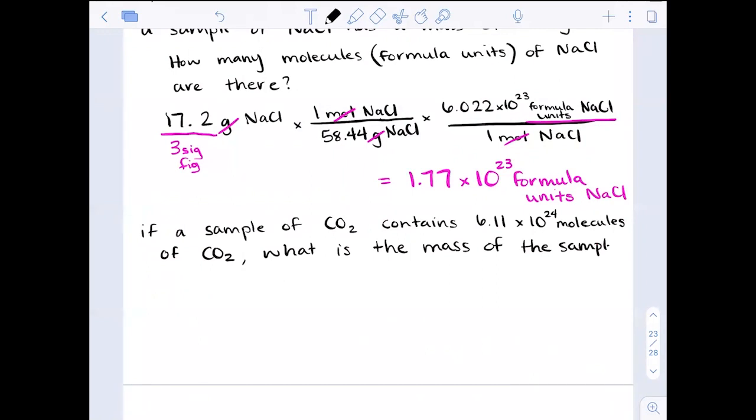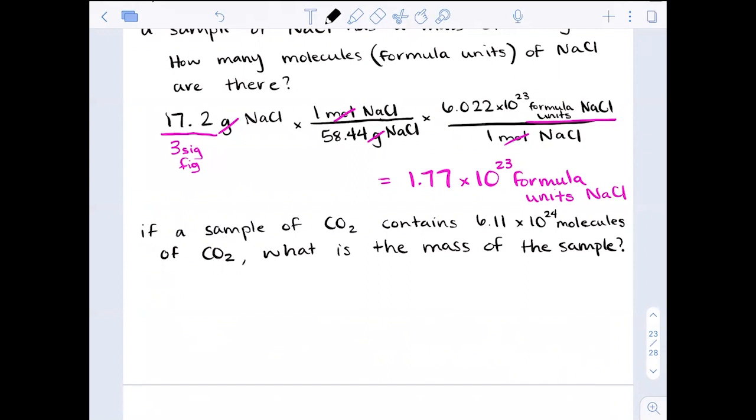So again, in order to go from molecules to mass, we will need to be able to calculate a formula mass or a molecular mass for something like carbon dioxide. Just because it's a covalent compound does not mean it's any different than our molecular compound or our ionic compound that we just did.